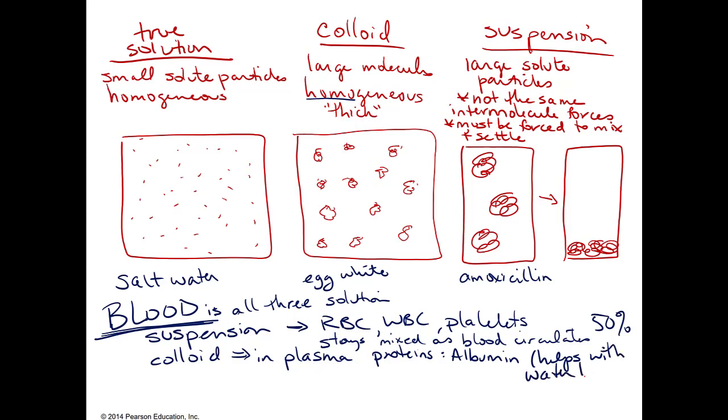It helps with water balancing. So it keeps the right amount of water in the blood no matter what the conditions as the blood passes through all the different vessels, whether it's passing through the lungs or digestive tract. As it's passing through all the vessels that supply all the tissues, albumin helps to make sure that water stays in the blood so the blood stays liquid as it goes.